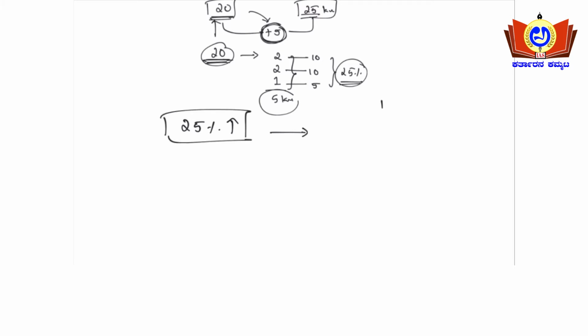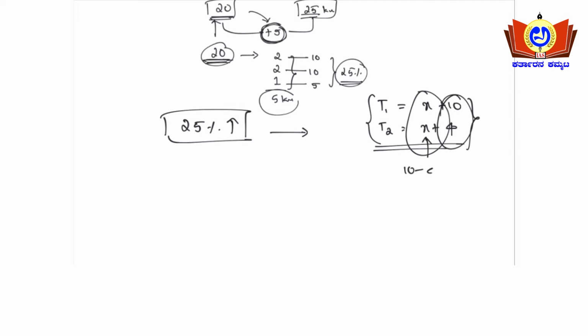Okay, so what is the time reduced? Actually initially he will be taking x plus 10, so the time 1, the time 2 will be x plus 4. Okay, so this is the normal time taken for both travels, right? So what is the actual difference here? 10 minus 4, that is 6. See, for a 25% increase in speed he is saving 6 minutes.